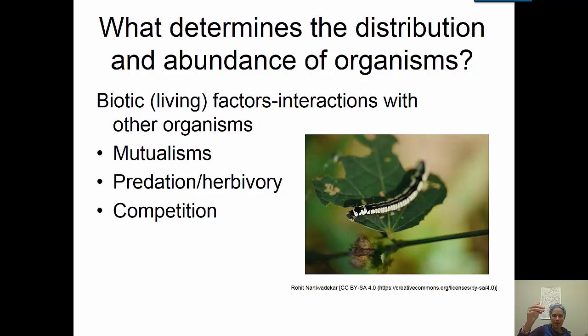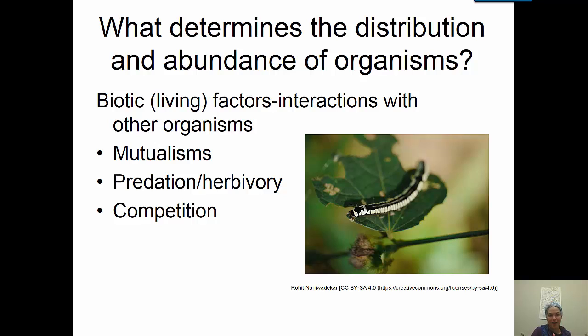We layer on top of that biotic factors. So the interactions that organisms are having with other living things can also determine where we find them living on our globe. We're going to talk a lot more about this next week, but for now I just want you to be familiar with the concept of a mutualism.